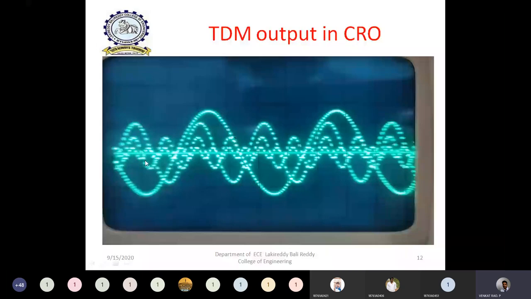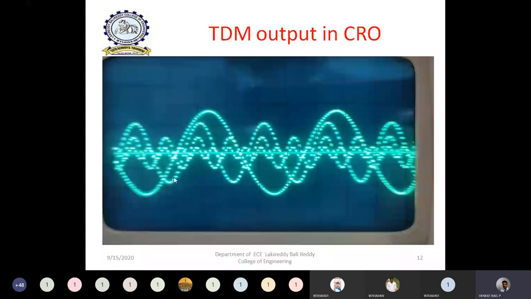If you carefully observe this waveform, at each and every time instant, one sample from one of the four input signals is coming. After that sample, a sample of another signal will be coming. That means at every instant of time, different samples of different signals are transmitted as a multiplexed signal.